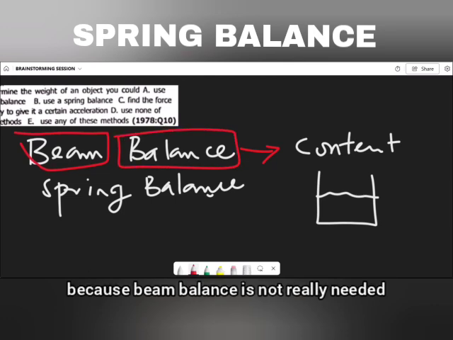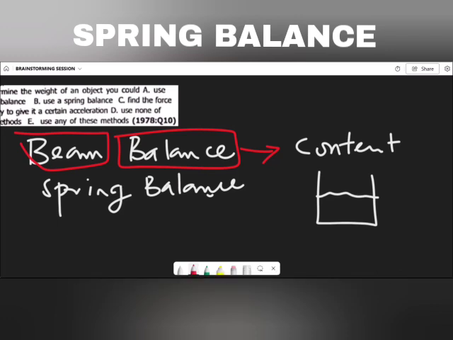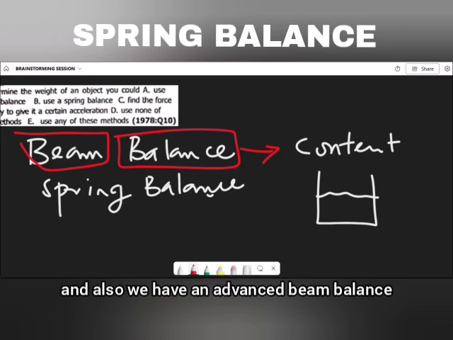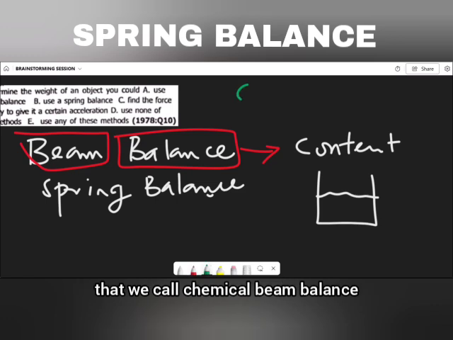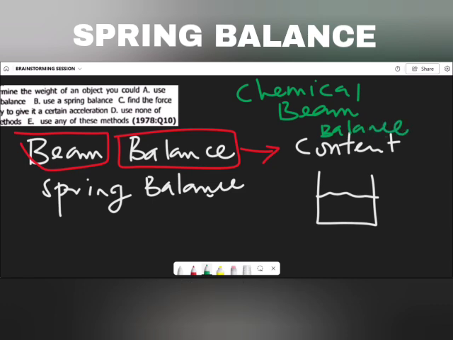Because a beam balance does not really need to know the heaviness of the beaker, rather it only needs to know the content of the beaker. And also we have an advanced beam balance that we call chemical beam balance. That is an advanced kind of beam balance.